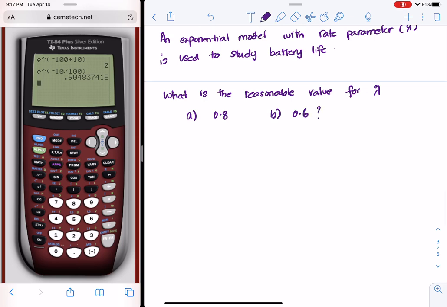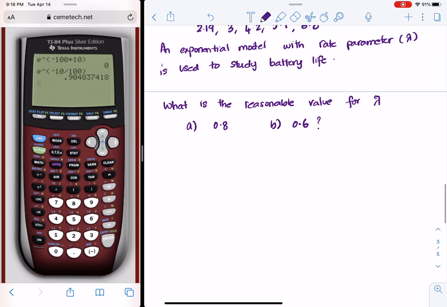So we want to study the battery lives using an exponential model, and we want to know the reasonable value for lambda.